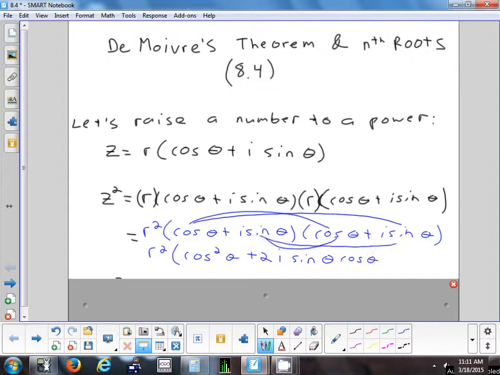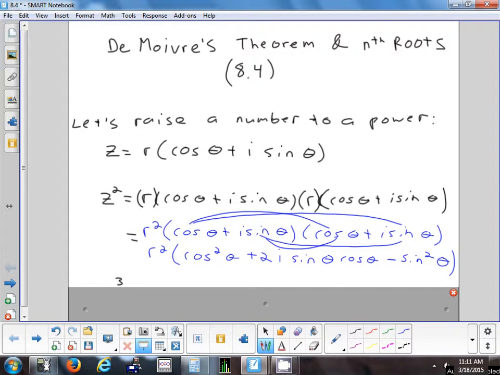And the last part is i sine times i sine. Well, i times i is i squared. That's a negative 1. And then sine times sine, sine squared. So all I did was distribute it using either FOIL or double distributive, whatever you call it. Any questions so far?